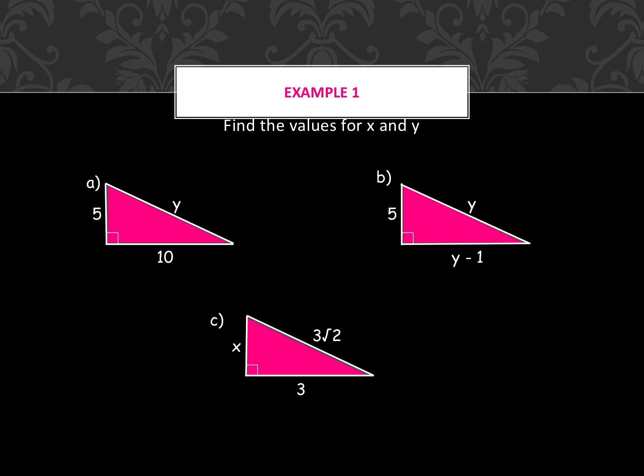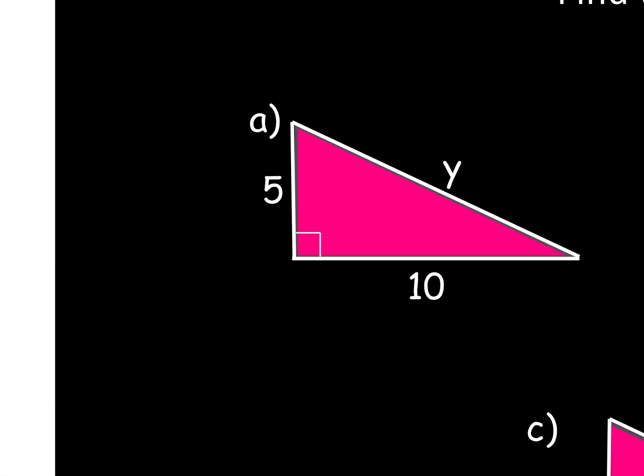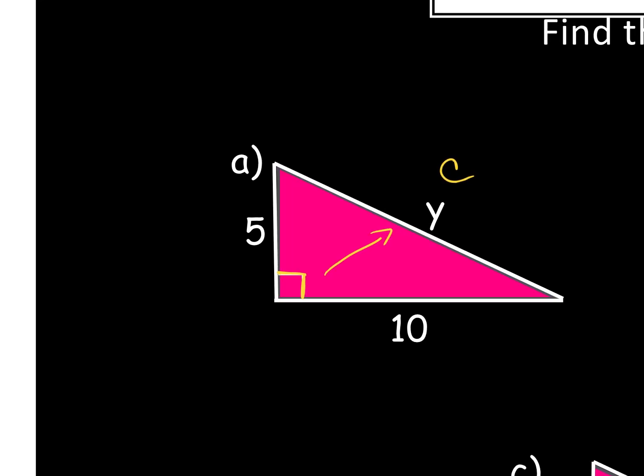So for the first example, example 1a, let me zoom in here. Here is my right triangle. Again, the Pythagorean theorem only works for right triangles. Remember, the side across from the right angle is going to be our c in the formula. What we're using for the 3 problems on this slide is a squared plus b squared equals c squared.